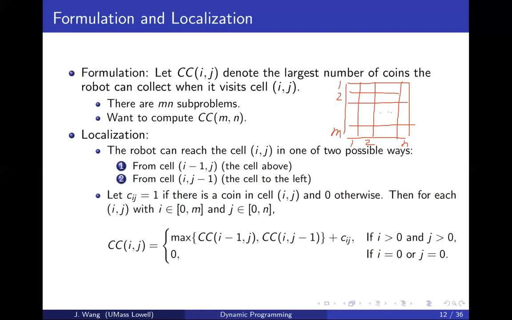This is where I want to end up, and this is where you start. Let's say in here this is i's row and j's column. So I want to know how I can end up at i,j.